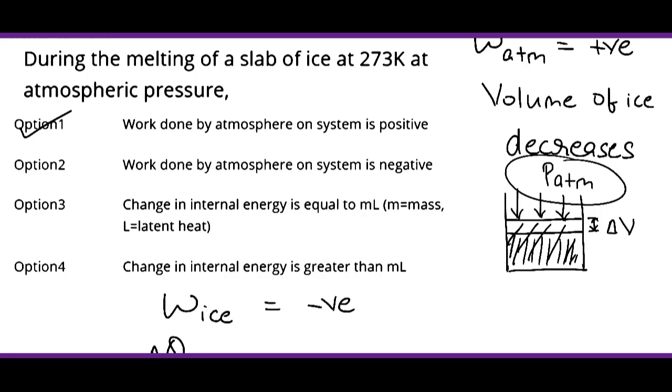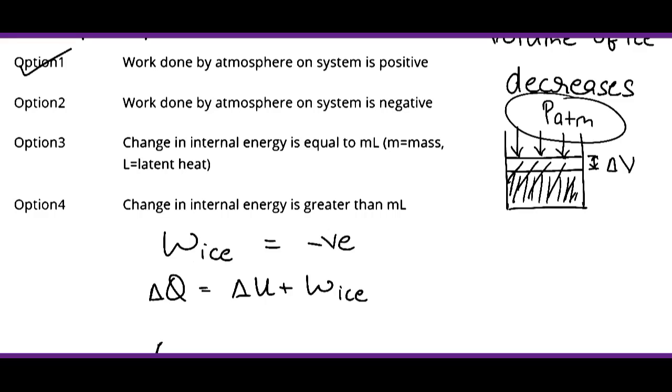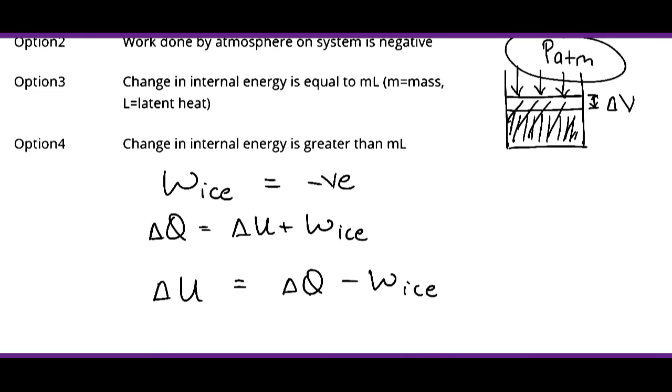we know that delta Q is equal to delta U plus W_ice. If we take ice as our system, then delta U will be equal to delta Q minus W_ice, and delta Q will be positive because heat is added to the ice, and W_ice has a negative value.